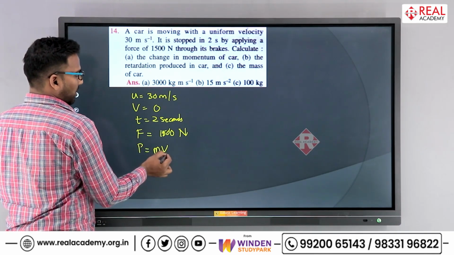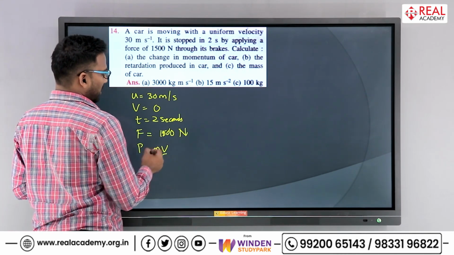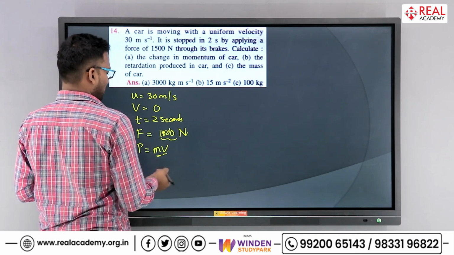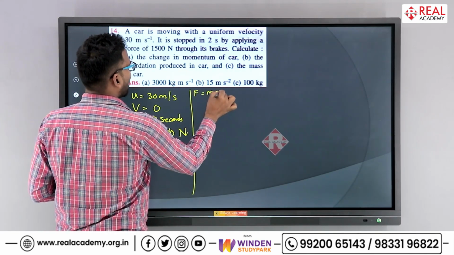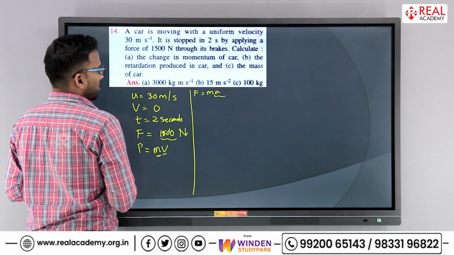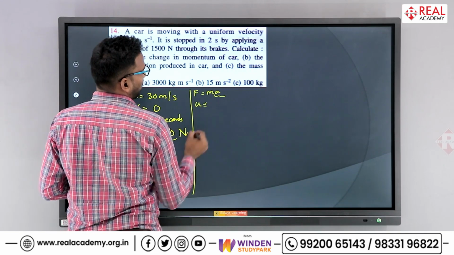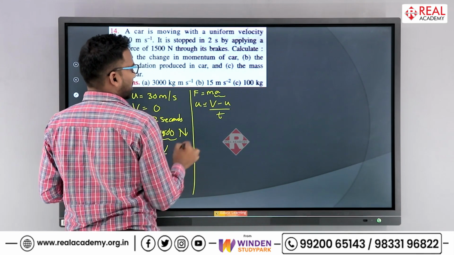We do have V, but we don't have mass, right? So how to calculate mass? We have force. So F will be mass into acceleration. And we don't have acceleration now. For acceleration, what is the formula? The general formula is V minus U by T.